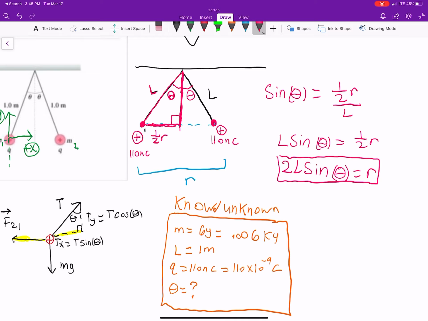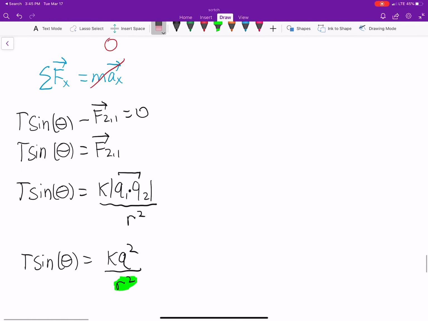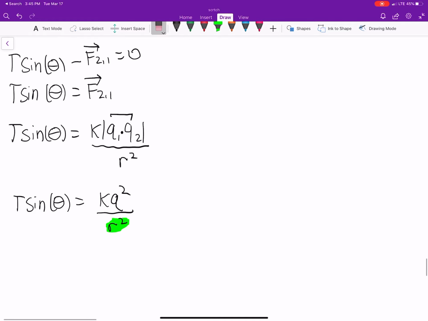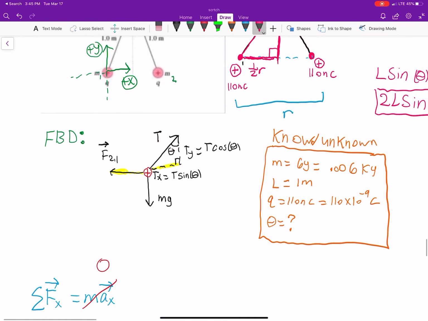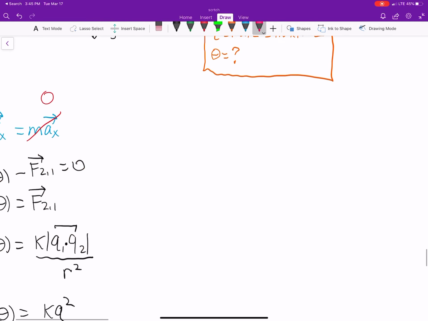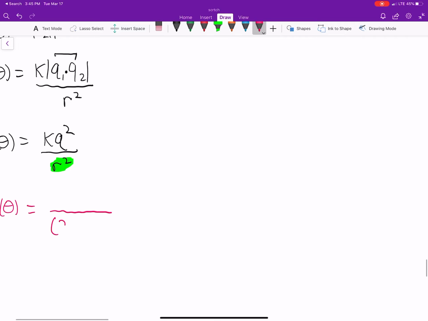And that's the distance between the 2 points. So let's substitute that in. T sine of theta equals, we said it was 2L sine theta, 2L sine of theta, all squared. And we still have the k and the q squared on top.